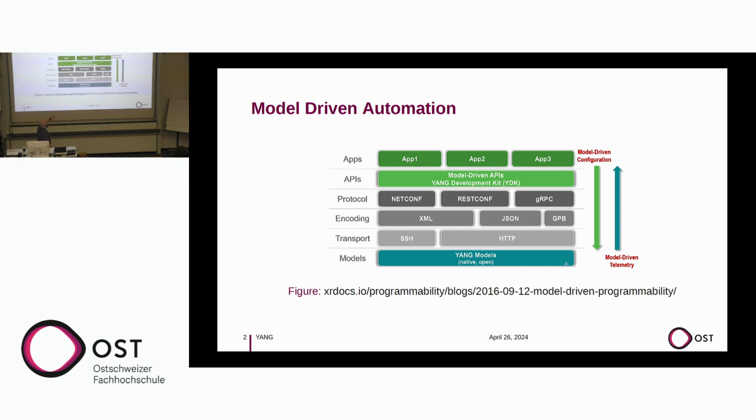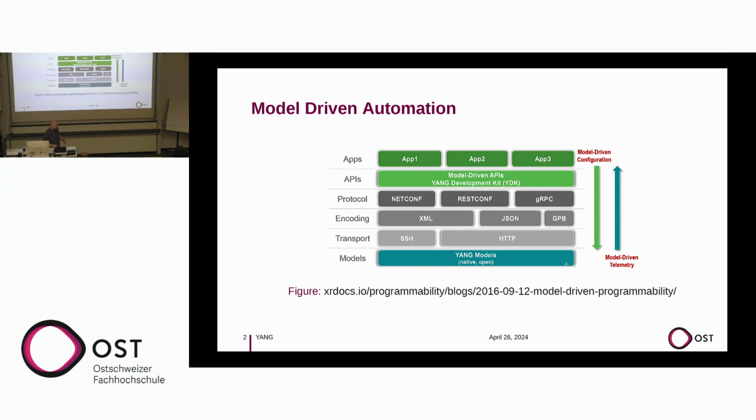At the moment XML, JSON or GPB are the common ones. There is now, not sure if it's still a draft or not, one that uses CBOR, a binary encoding, definitely used in streaming telemetry, so if we want to get data from the device for monitoring. So there are different encodings.